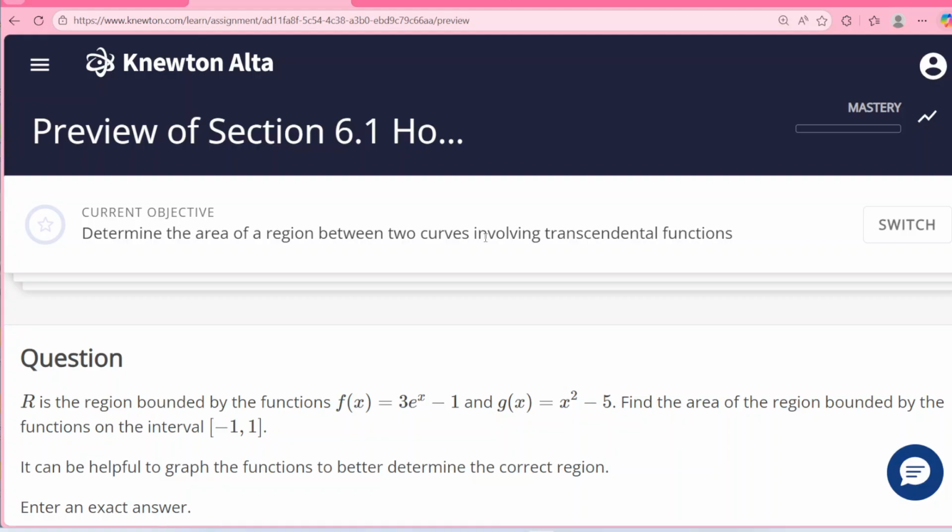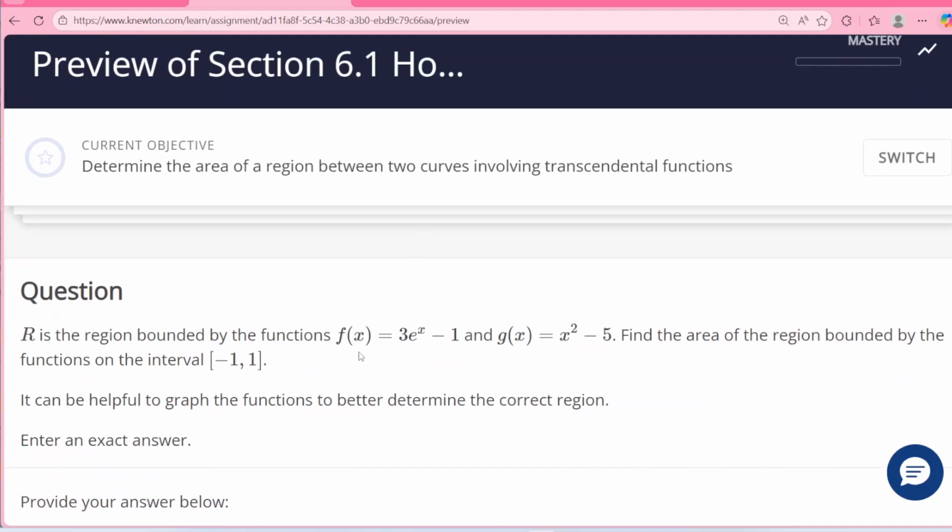So the y coordinate is determined by an expression involving x. So like here, y equals f of x equals 3 times e to the x minus 1, a function of x, and g of x equals x squared minus 5. So the y coordinate on this curve is the x coordinate squared minus 5. So again, y is a function of x. That's going to be the case for these first couple of objectives.